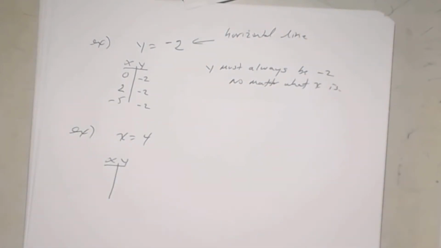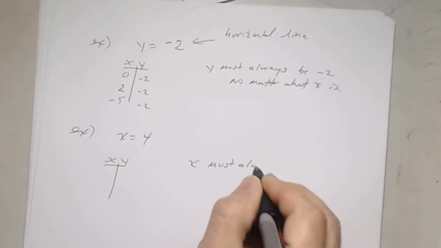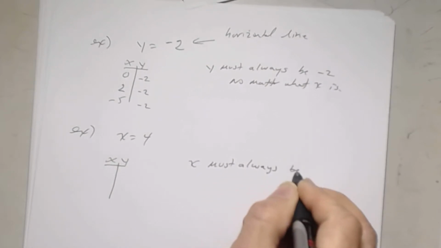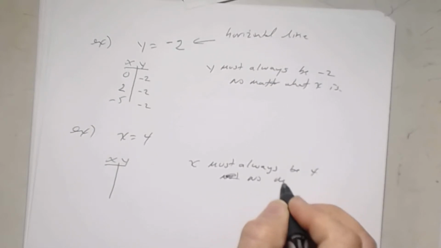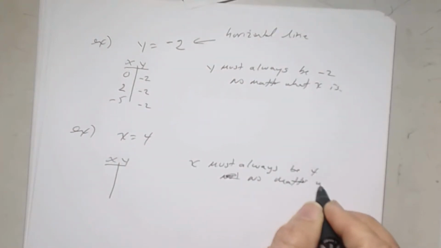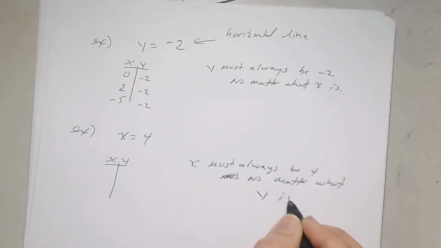This time, though, this says x always has to equal what? 4. So this means that x must always be 4, no matter what, and what should I say? No matter what y is.